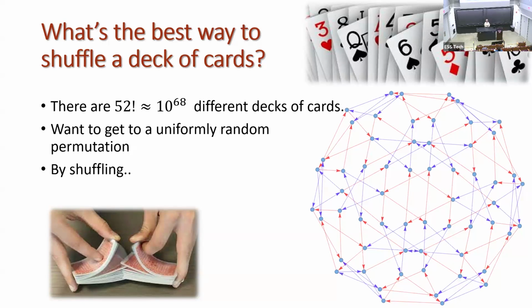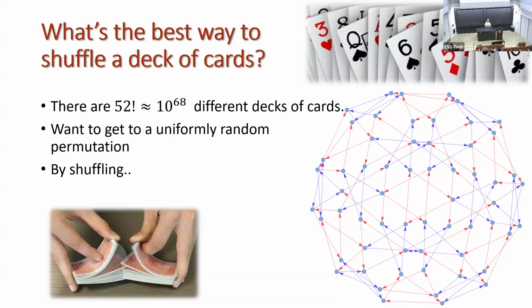So it's like taking a few random steps in this graph. And you can ask, for this specific graph, how many steps do I need to take so that the probability distribution is close to uniform on this entire graph? And it turns out that for the riffle shuffle, 7 steps, I think, is enough to get you close to uniform.